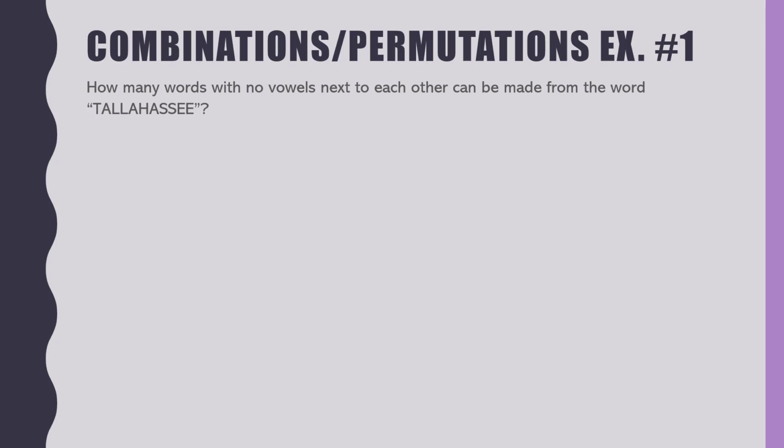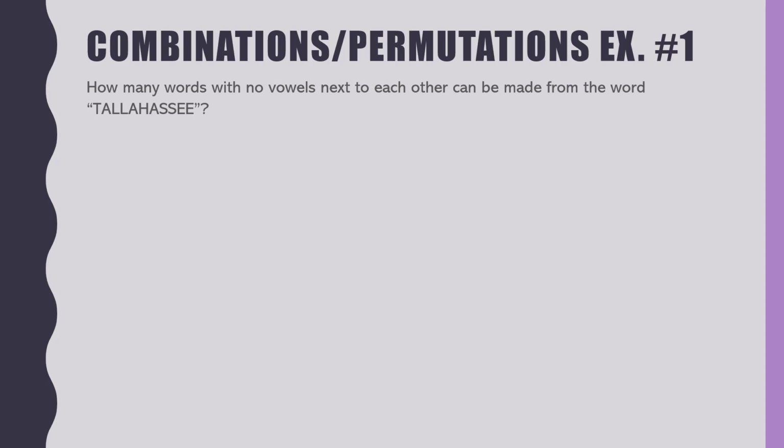I'm talking about, like, whatever, 11, however long it is, 11 letters. How many 11-letter words, or whatever the length of Tallahassee is, can I make? And not everything's going to be a real word, right? But we're going to pretend that it's a real word, so just rearrangements is what I'm asking here. Everybody follow what I'm asking?